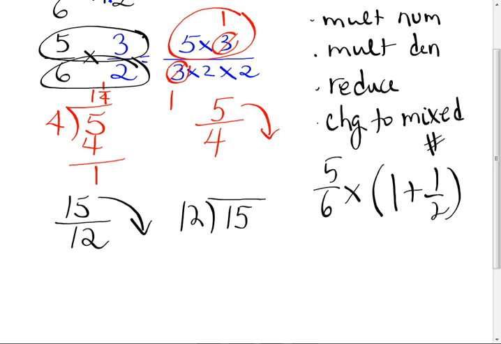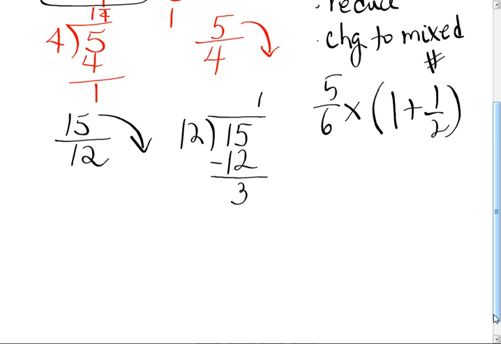How many times does 12 go into 15? Once. Good. 1 times 12 is 12, and we subtract, and we get what? 15 minus 12 is 3. Okay? So I get 1 and 3 out of 12. Can we reduce 3 12ths?